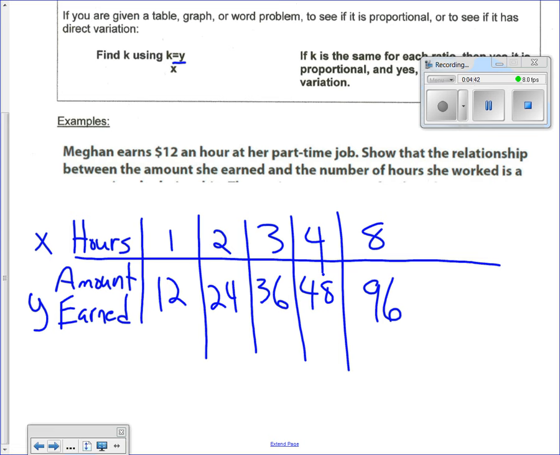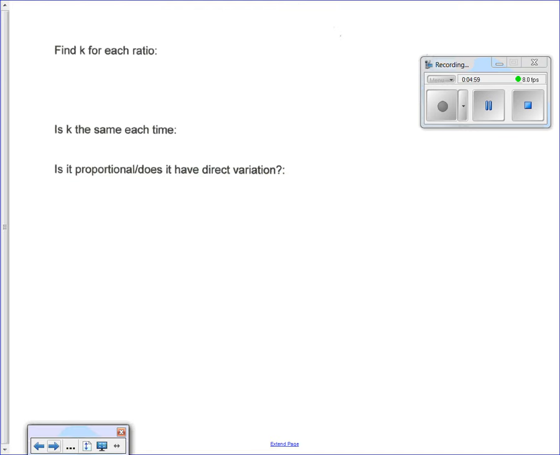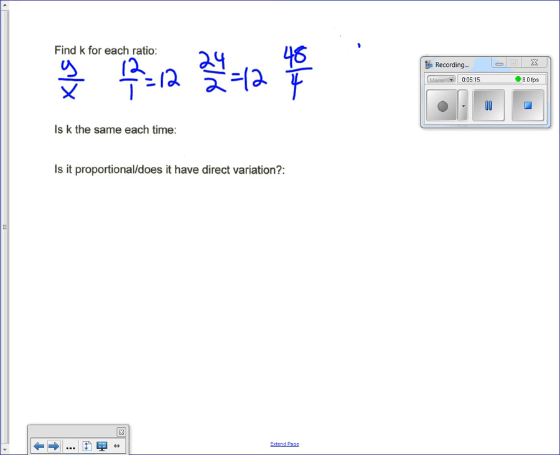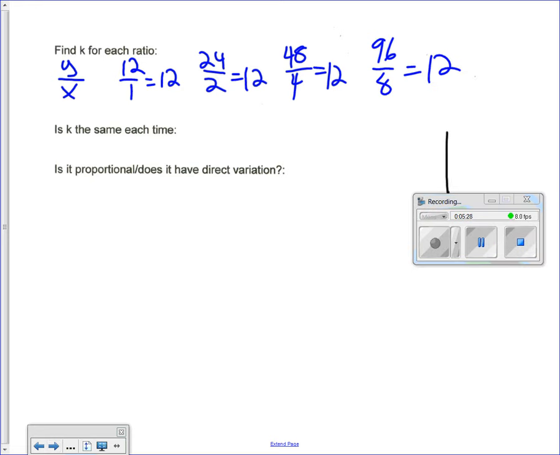All right. So once we get our table, we want to find k for each ratio. So k is y over x. 96 over 8 equals 12.